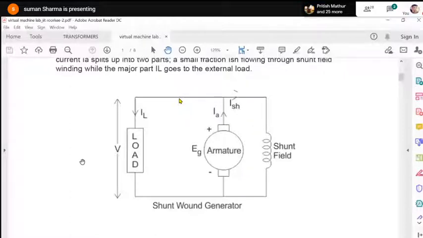So here, due to the armature reaction and the increase in the current Ia, your voltage V will be less than the generated EMF EG. Your EG will reduce because your main flux will reduce. What is the induced EMF equation? Phi P Z by 60A. So as your flux is reducing, your induced EMF is reducing.